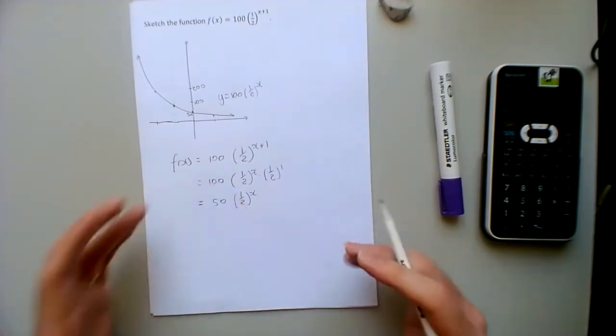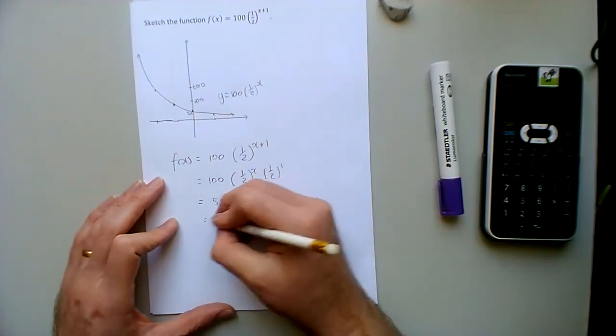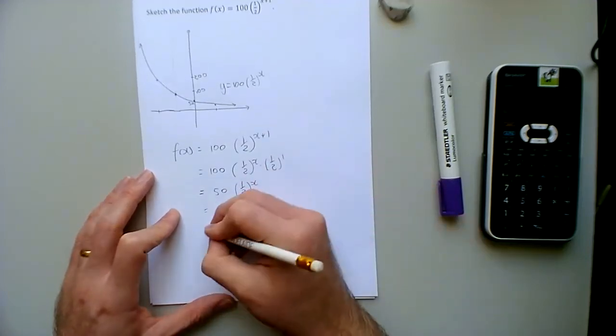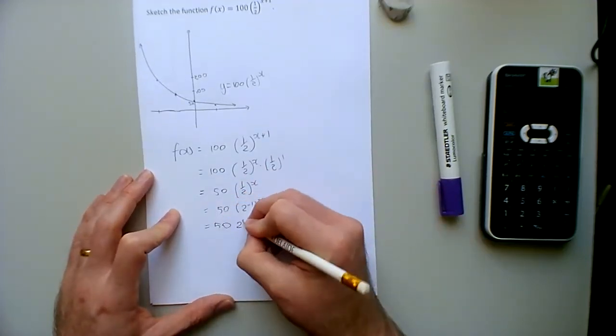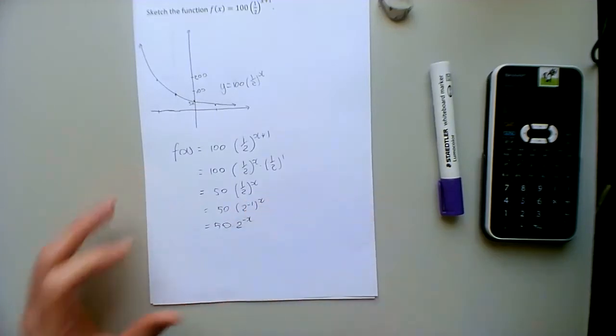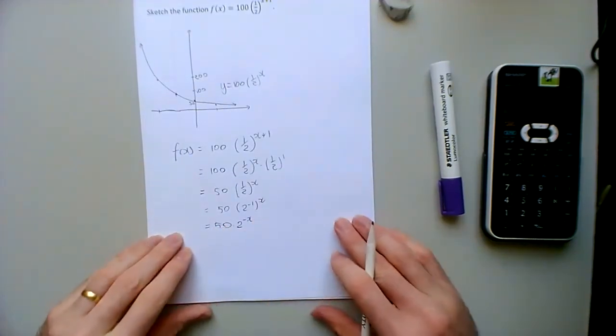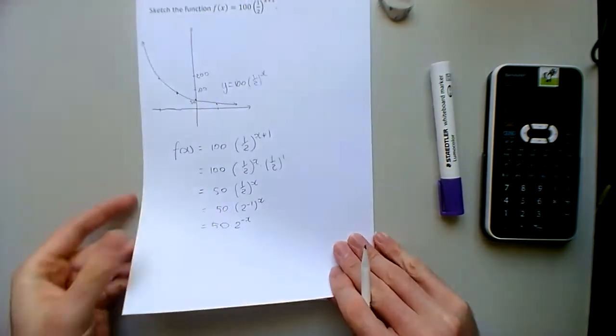But a half is the same as 2 to the power of -1. And so that'd be 50 times 2 to the minus x. Okay, so that graph could have been adjusted from the graph of 2 to the x instead. So let me try doing that.